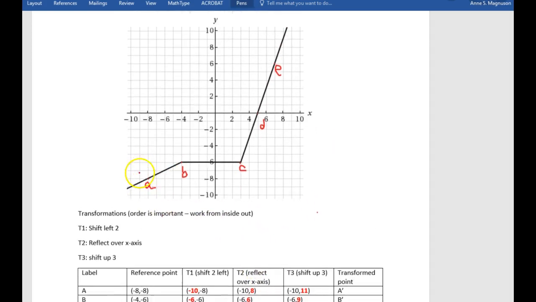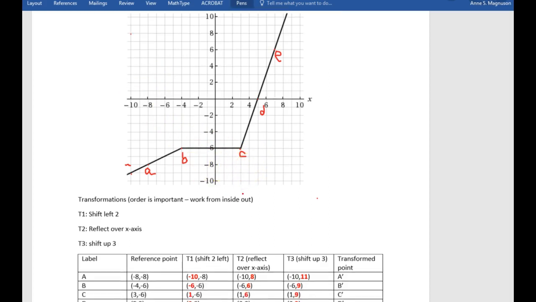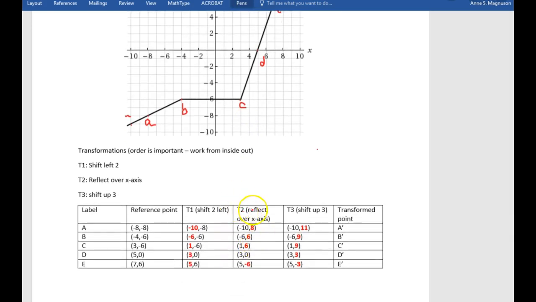If you're flipping a point over the x-axis, let's say I have this point minus 10, 8. I flip it over the x-axis. It's still going to be at minus 10 for its x-coordinate, but now it's going to be at minus 8. So flipping it over the x-axis is just making the sign of the y-coordinate the opposite of what it is. So for the second transformation, I'm just changing the sign of the y-coordinate from the first transformation's point.